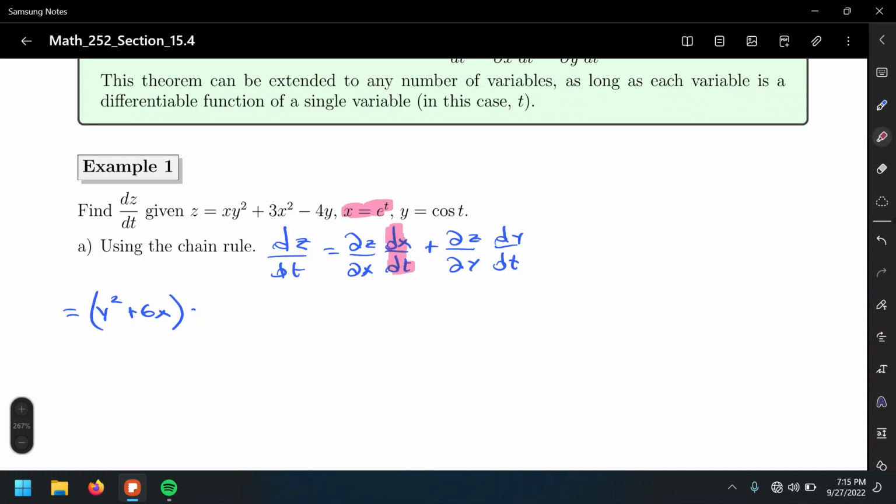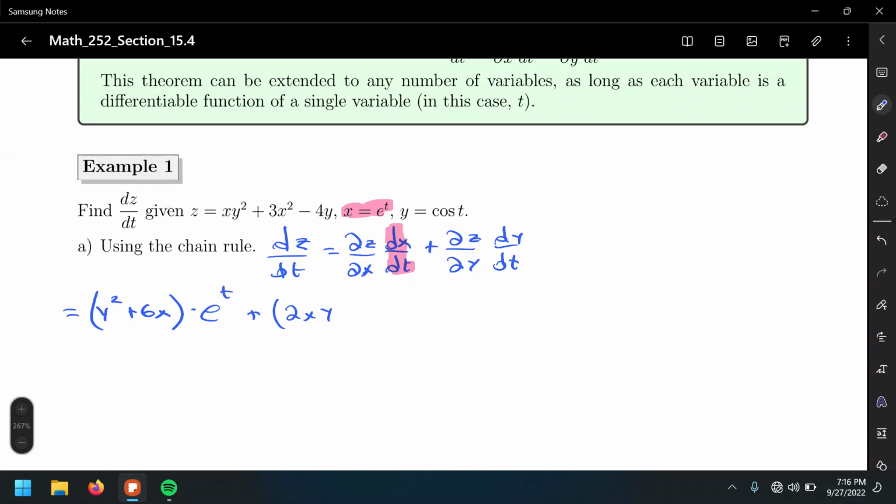So what's the derivative of x with respect to t? Well, we have only e to the t, which is e to the t. And plus, let me go back to the partial of the given function z with respect to y. In this case, what's the derivative of xy squared with respect to y? 2xy.